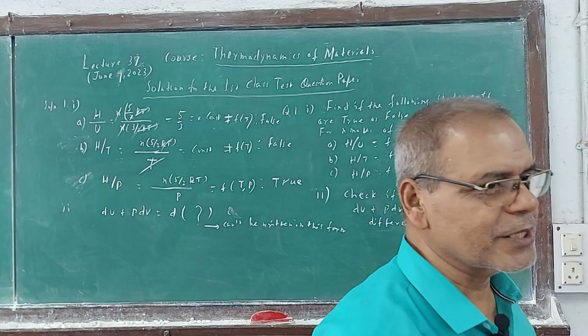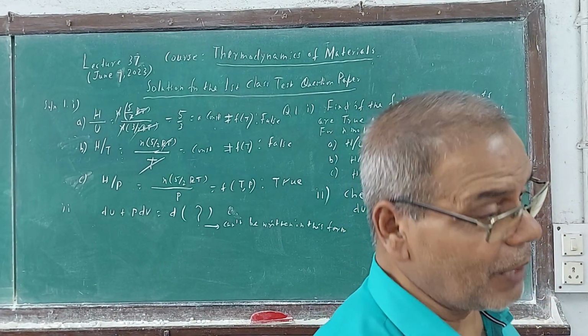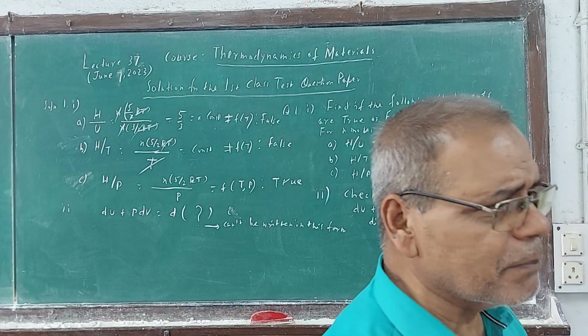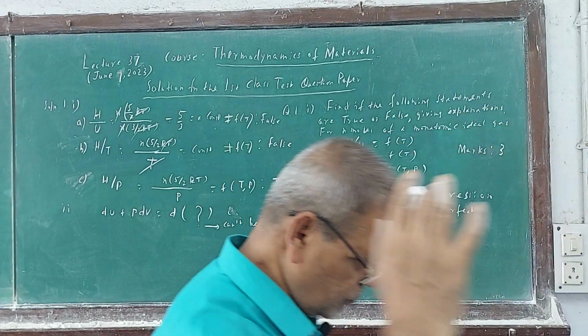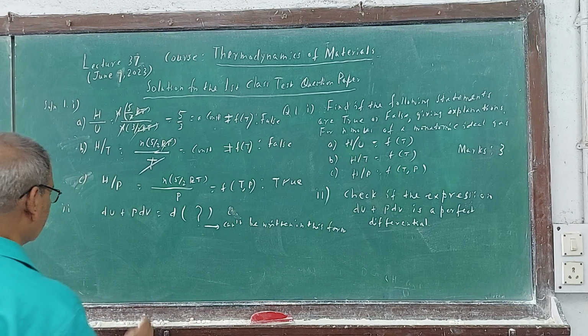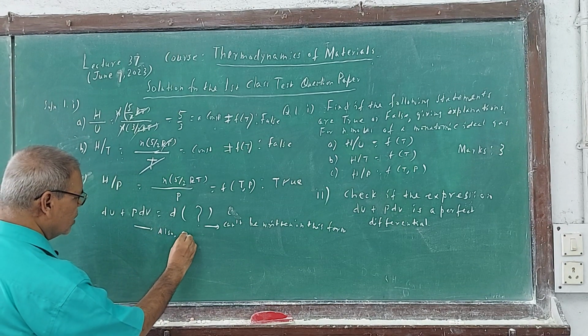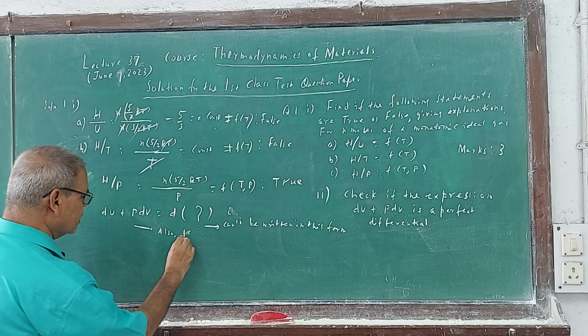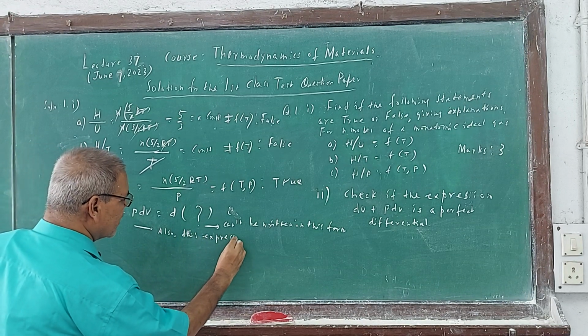That's why it is a path function, path dependent. At constant pressure, constant temperature, or constant volume, you can. So you cannot integrate freely. Also, this expression can be integrated under specified conditions.